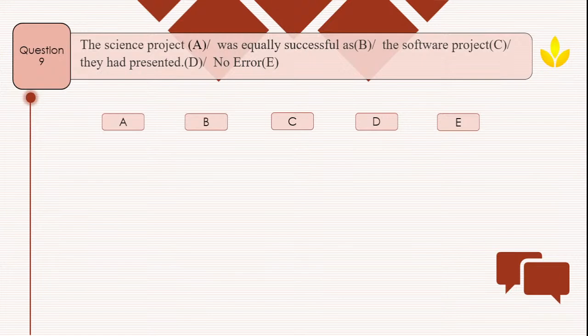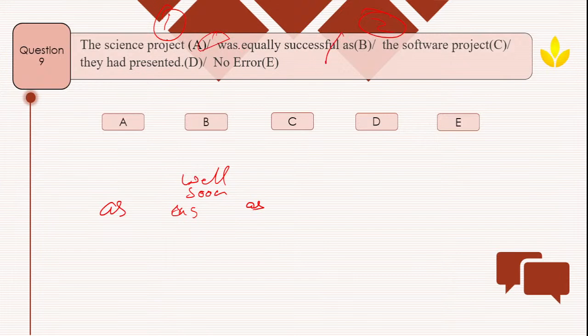So the degree of comparison is the error here. When you are comparing one and two, the science project with the software project, you should say "as successful as", or "as good as", "as well as". Here it was not completed.